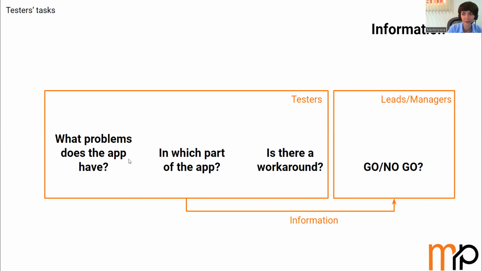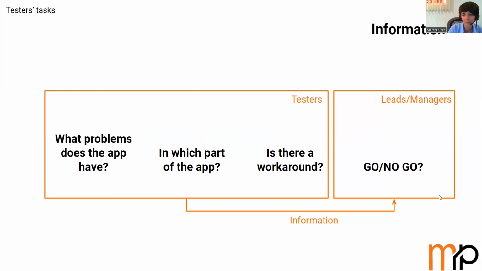You collect the information about what problems the application has, in which part of the application we have these problems, and if there is a workaround. I think you know what a workaround is: when something is broken, but you can get the result in another way.